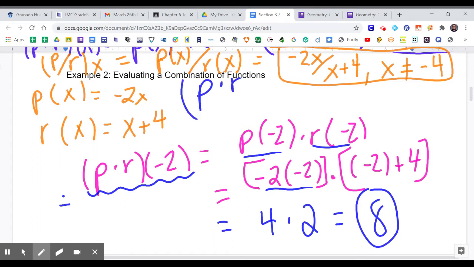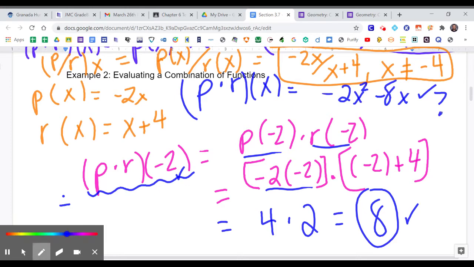P of R of X, we actually said that that was negative 2x squared minus 8x. So do you think it's the same? Do you think it's 8 if I was to put negative 4 up here? Okay, put a question mark. Okay, well, let's figure it out.